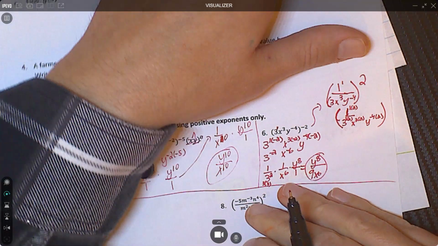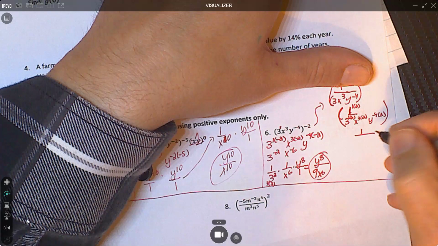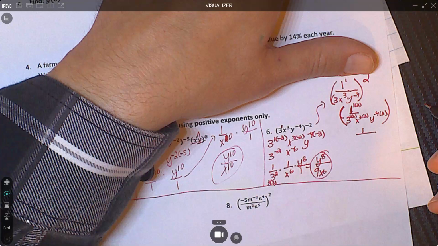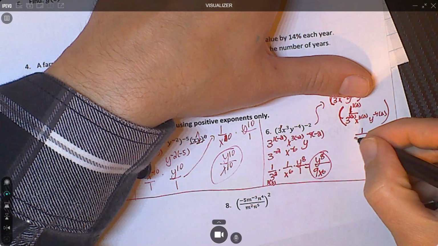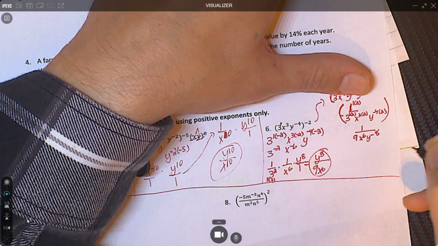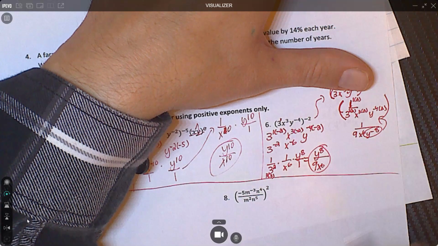You can see that leaves us y up top. And then here we get 1 over 3 squared, which is 9. And then you move y to the negative 8 up, but you still get the same answer.